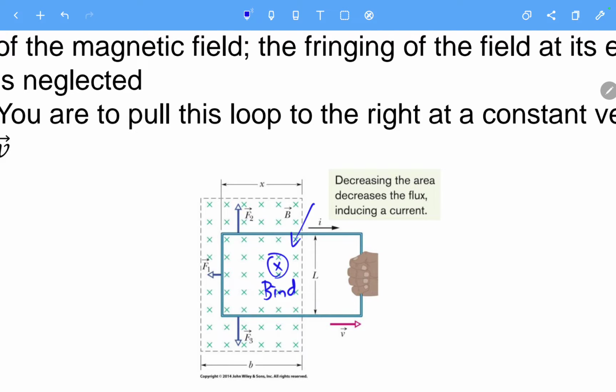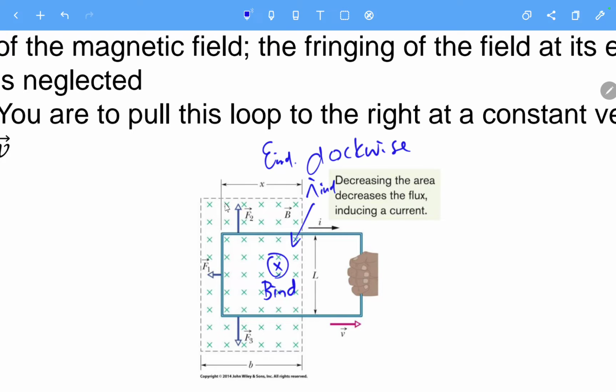Using the right hand rule, you use your thumb pointing into the page, and your fingers will be pointing in the clockwise direction. Clockwise for I induced and also E induced. So here we have I pointing to this side, this side, and this side.